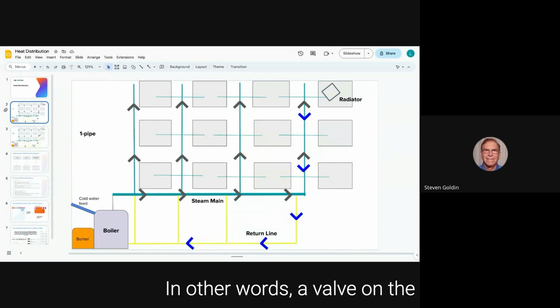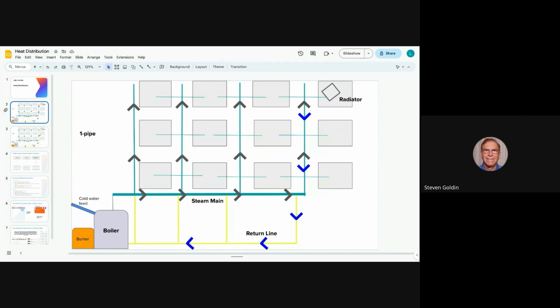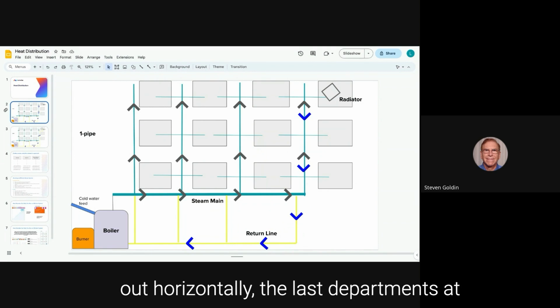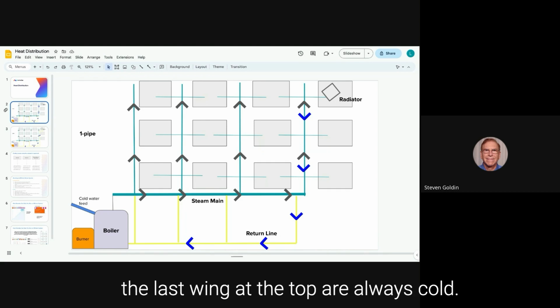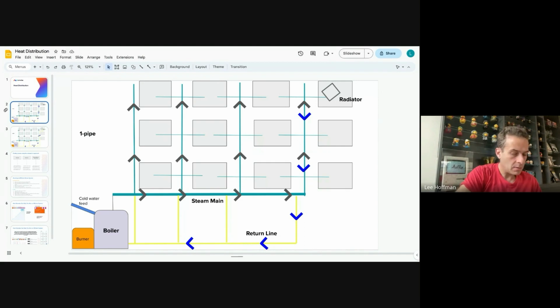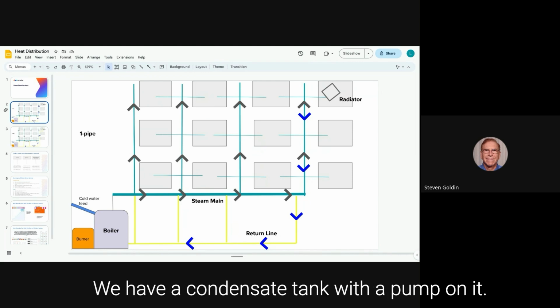In other words, valve on the steam lines to regulate distribution. This is a building we've done steam balancing, but because it's so spread out horizontally, the last apartments at the last wing at the top are always cold. Is this a 1 or 2 pipe or a vacuum system? It's a 1-pipe system, and we have a pump condensate. We have a condensate tank with a pump on it.